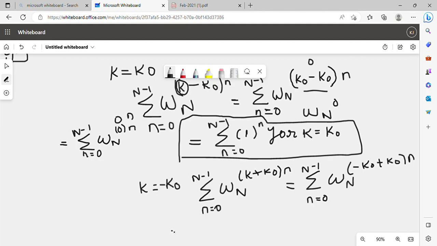So I get my summation of n equal to 0 to n minus 1. You should not say n minus 1 to n equal to 0. You should say n is equal to 0 to n minus 1. Fine?